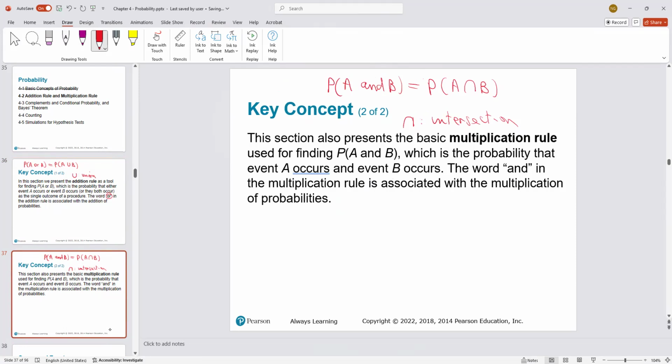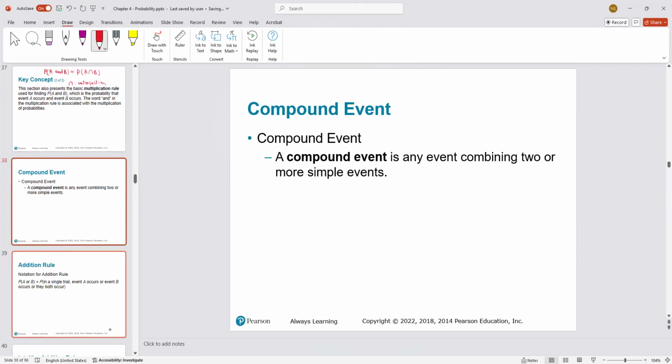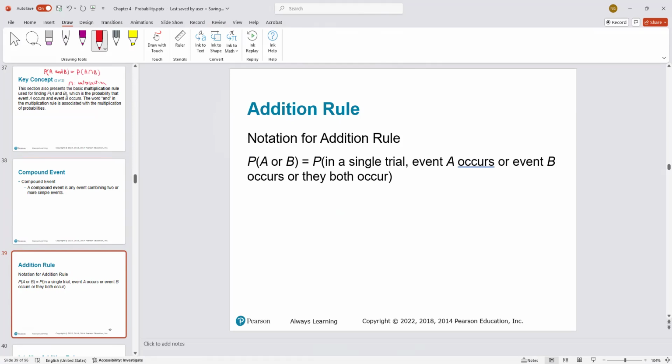So what we mean by that: you see these two compound events. Our goal here is mostly to talk about compound events. In the previous section, we considered only simple events, but in this section we will consider compound events. A compound event is an event combining two or more simple events. Let's see the addition rule.